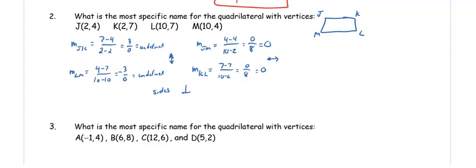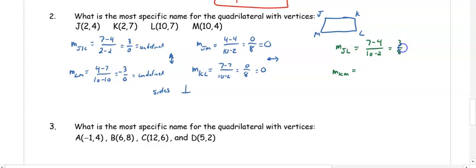So now we want to look at the diagonals. We have JL and KM. 7 minus 4 over 10 minus 2 equals 3 over 8.